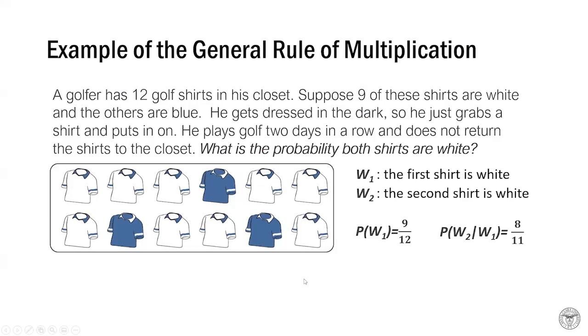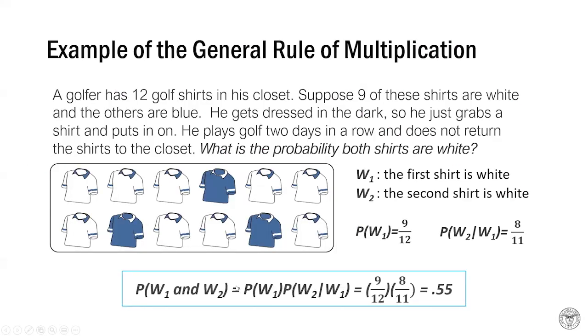So using the multiplication rule, the probability that both shirts are white is given by the probability of W1 and W2, equal to the probability of W1 times the probability of W2 conditional on W1, which is equal to 9 over 12 times 8 over 11, which is equal to 0.55.